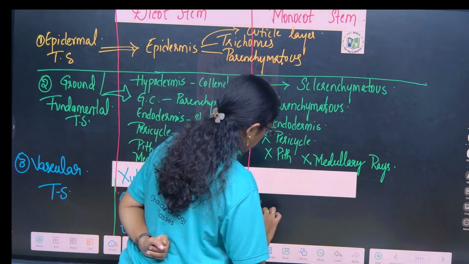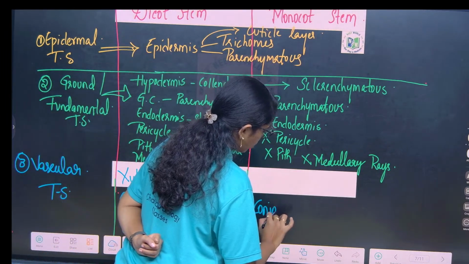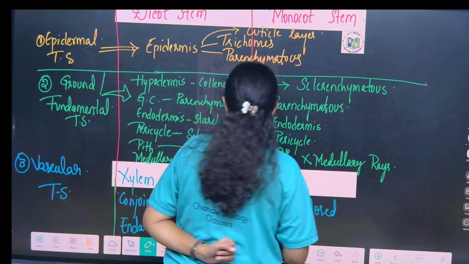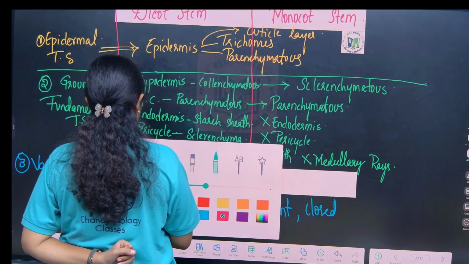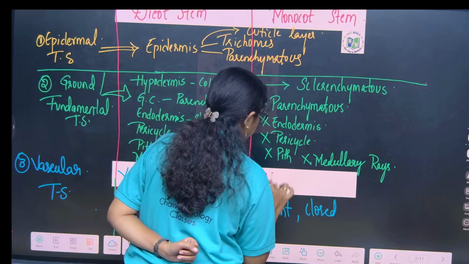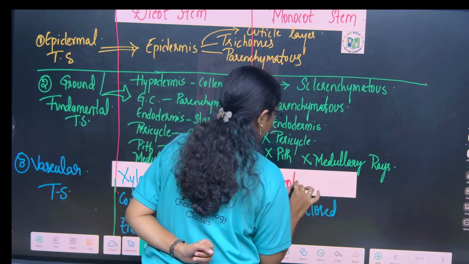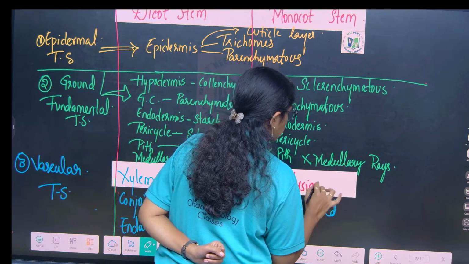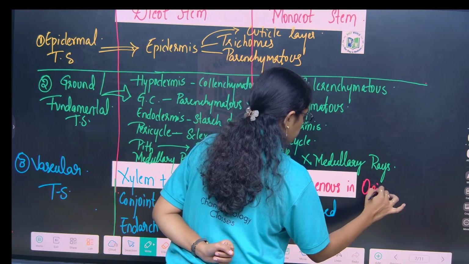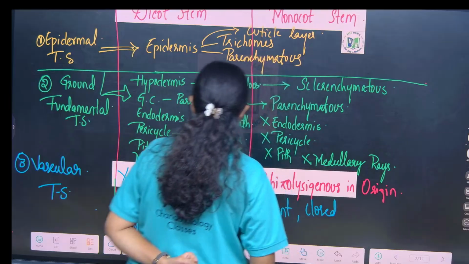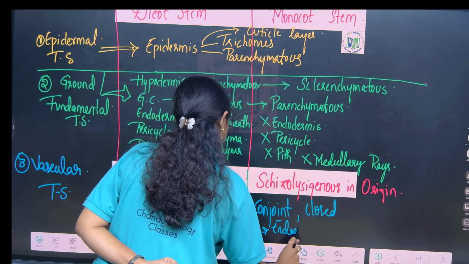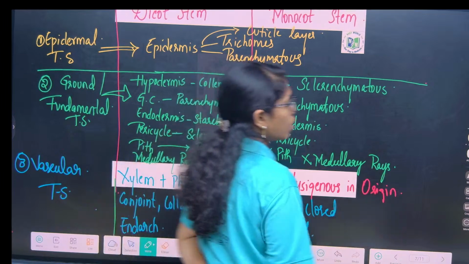Here it is conjoint and closed. How are they originated? Schizolysigenous in origin, right? And the same pattern of endarch arrangement. Clear?